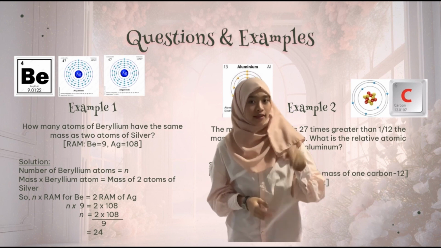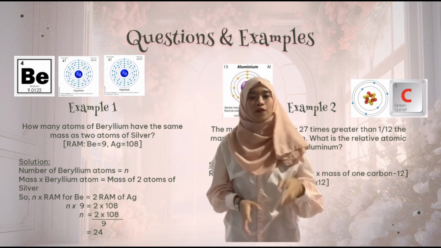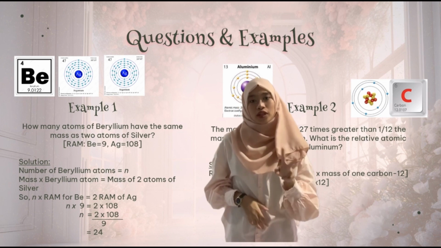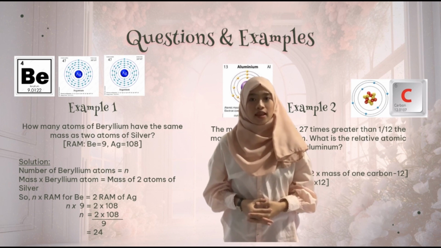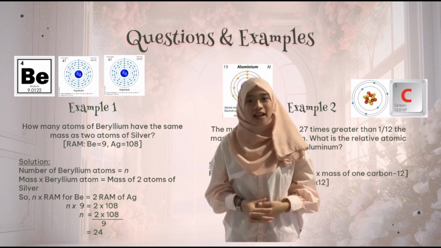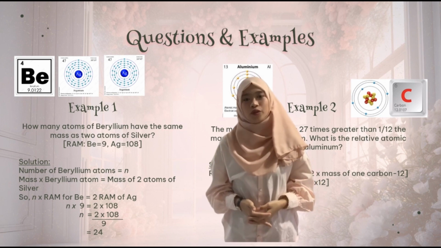So, N times RAM of beryllium equals 2 times RAM of silver. N times 9 equals 2 times 108. And last, N equals 2 times 108 divided by 9. The final answer is 24. This example reminds me of algebra.